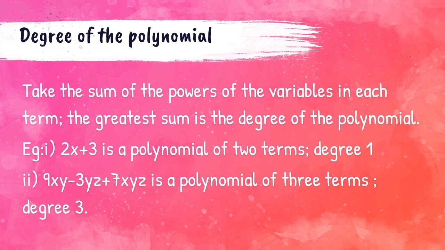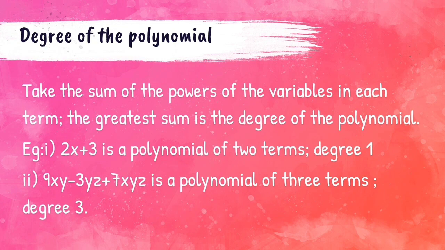In the second part, it is a trinomial, or we can say a polynomial of three terms. In the first term, the variables are xy. In the second term, the variables are yz. In the third term, the variables are x, y, z. In each term, we need to find the sum of the powers of the variables.